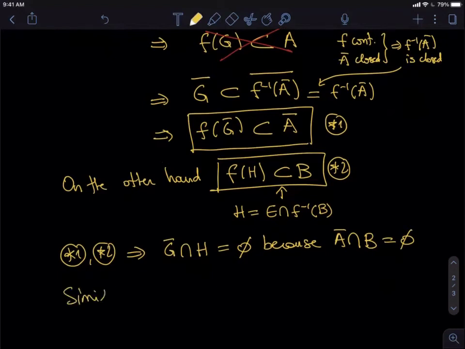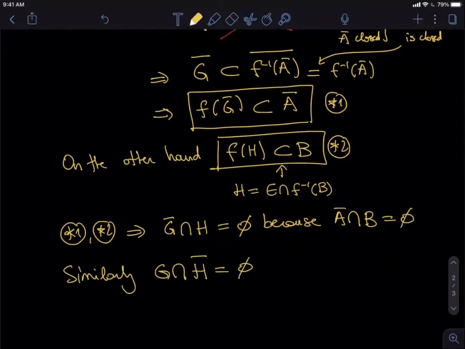Now we can repeat the proof to show that G intersection with the closure of H is empty. We basically reverse the roles of G and H in the proof, and it follows the same steps.